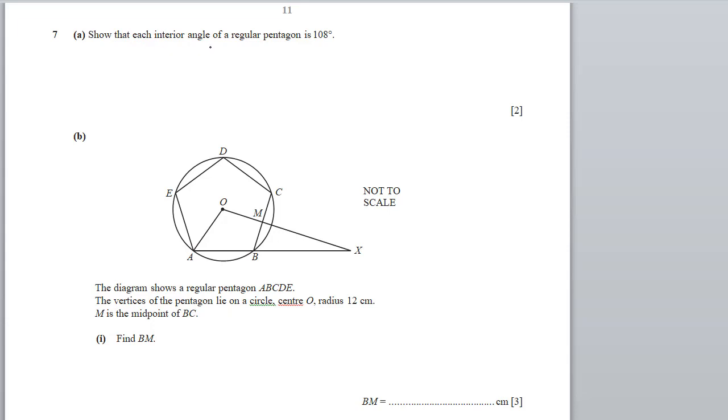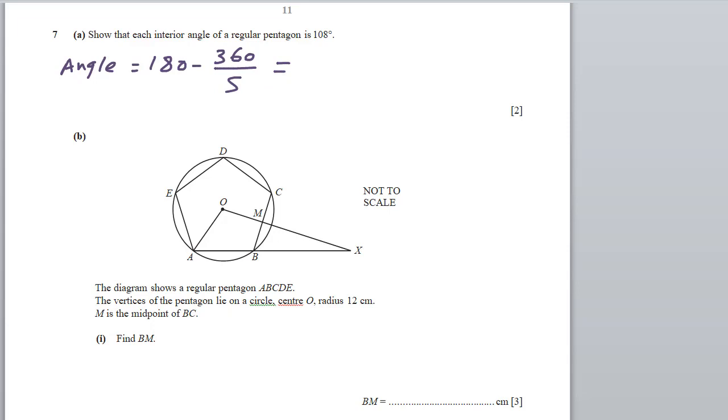So show that each interior angle of the regular polygon is 108. So we have how many faces? We have 1, 2, 3, 4, 5. So the polygon, the angle is equal to 180 minus 360 divided by 5.